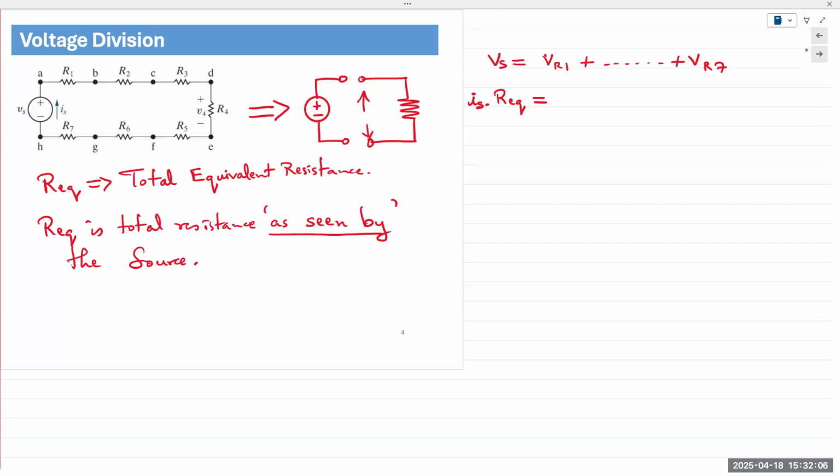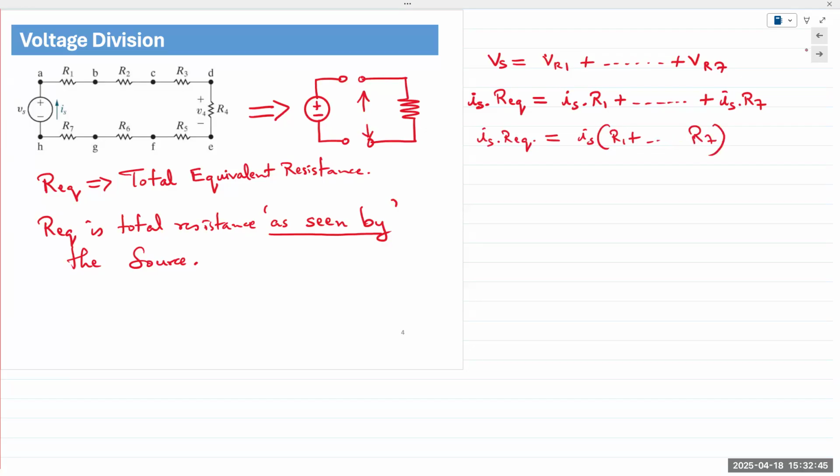Good. All right. So let's go back to our equation. IS times Req means the total resistance as seen by the source. And then I can write VR1 is IS times R1, all the way to IS times R7. You see where this is going, right? IS is common. We bring it outside. IS times Req is equal to IS times (R1 plus ... plus R7).